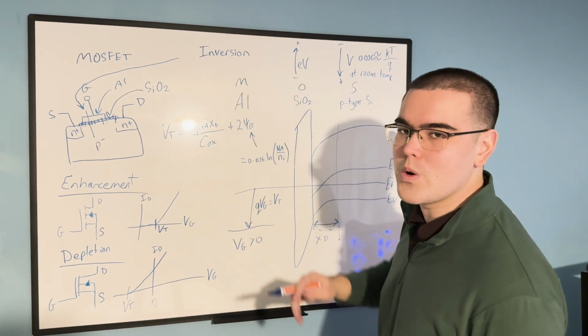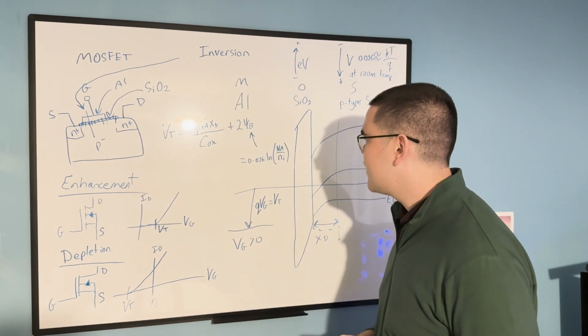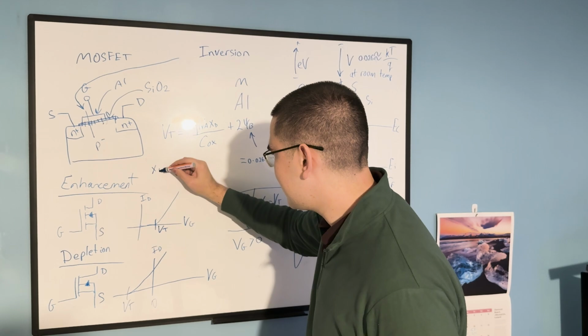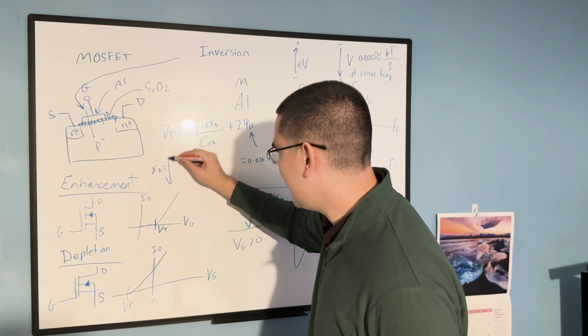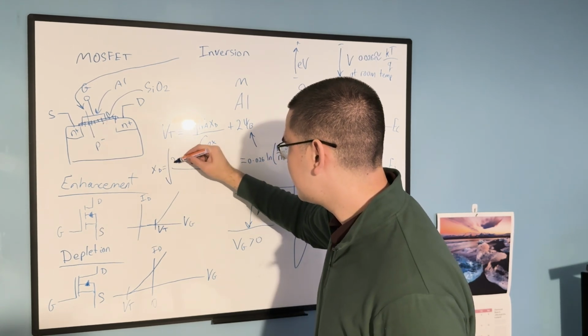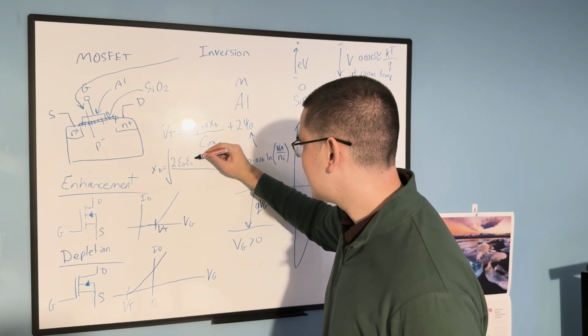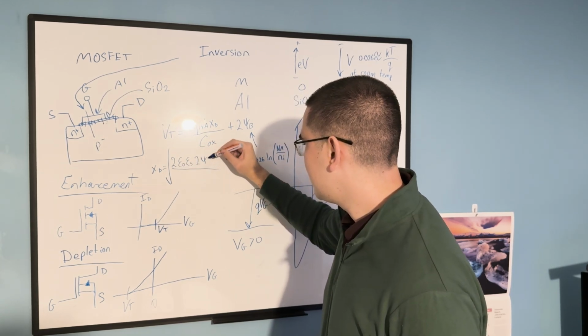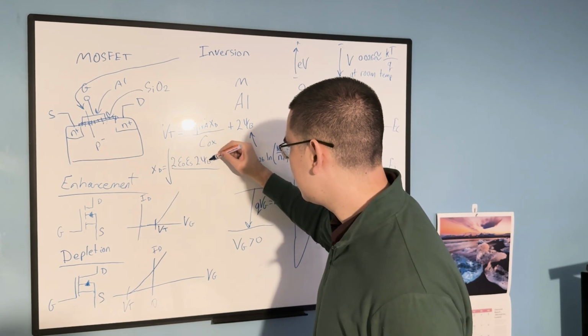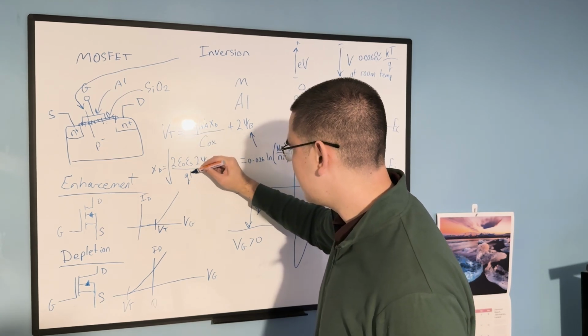How do we get depletion width? That's a good question. So XD is equal to the square root of 2 epsilon 0 epsilon s times 2 times barrier potential, over the charge of an electron.